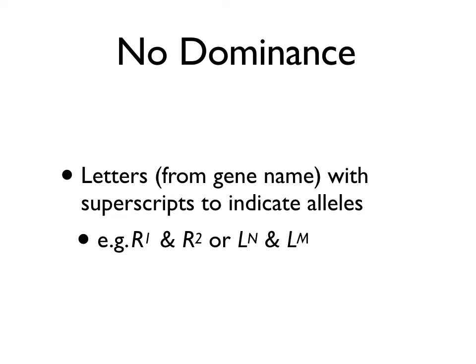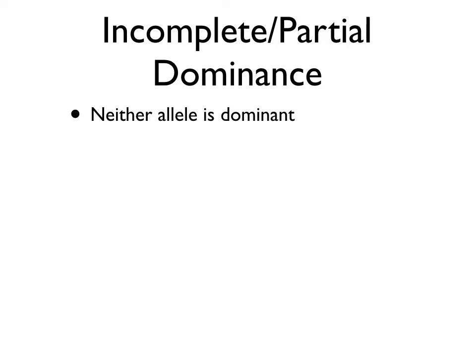Two different alleles for gene L or gene R. This notation gives you no indication of dominance or recessiveness. They are simply the two alleles that exist within the population. So not everything has a dominant or recessive relationship when it comes to the expression of different copies of genes within an individual. So let's look at some of these examples and how that works.